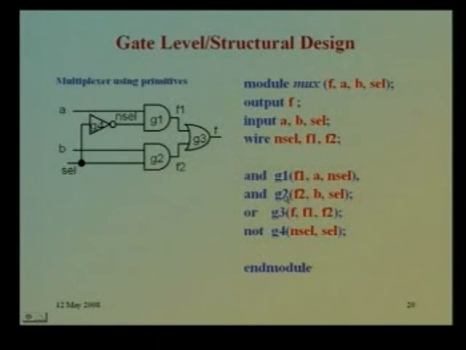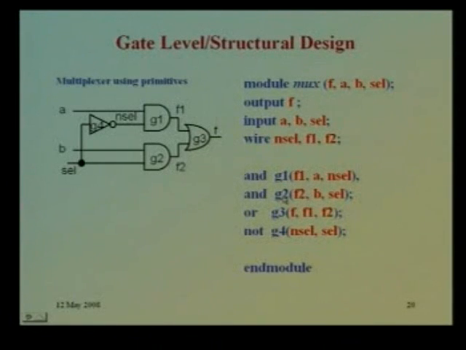Keep in mind that when you are instancing the same module or primitive, the module name will be the same, but the instance name should be different. Otherwise, the compiler will give an error message.